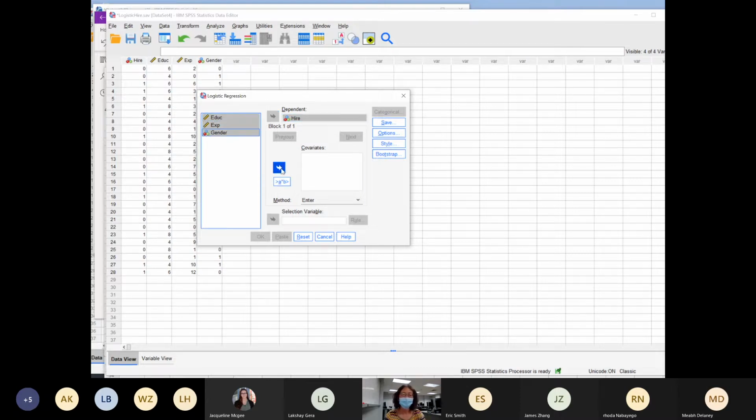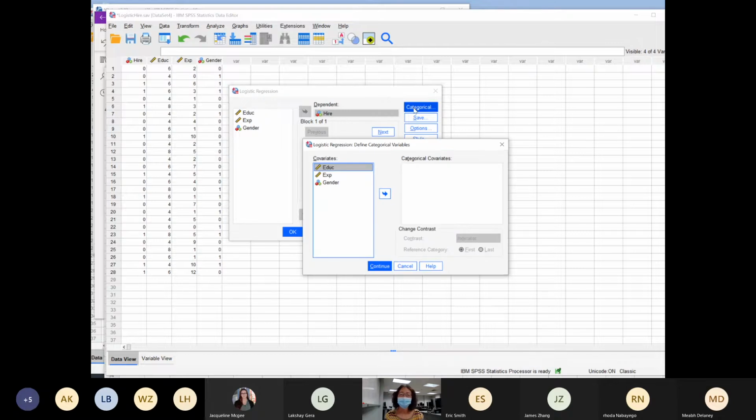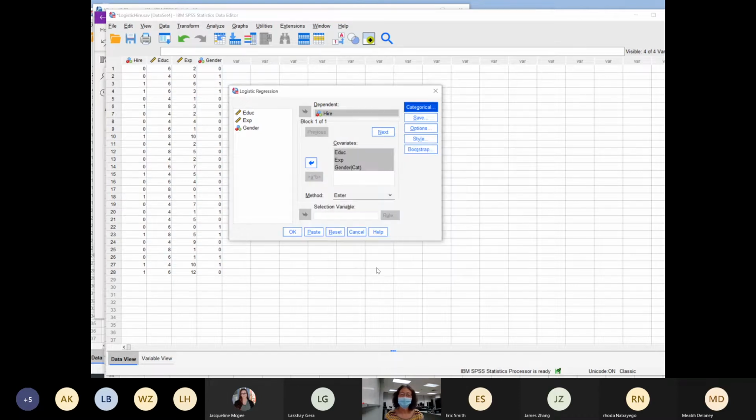Select all of them into covariates. Now click Categorical. We have gender as categorical. Make sure first is selected. And then click Continue.